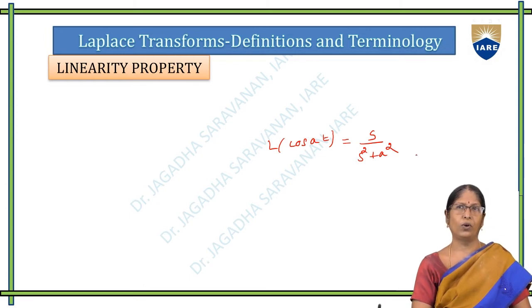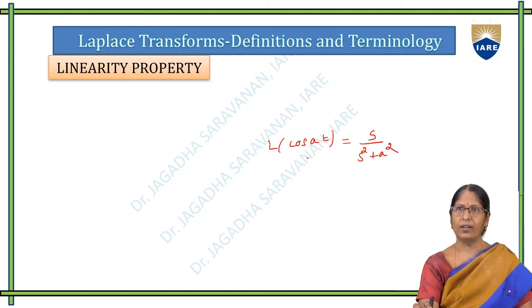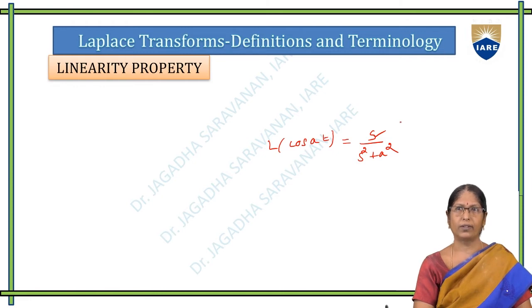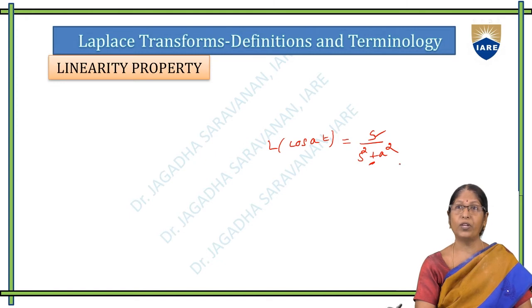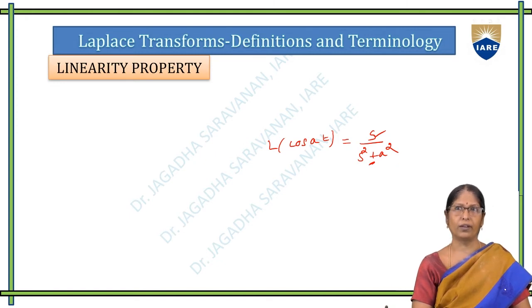While writing, I remember cos is there, so the numerator should be dominated by s. Without h, so compulsorily the positive sign should be there between the terms. So by practice, we will write it. We won't make any careless mistakes.